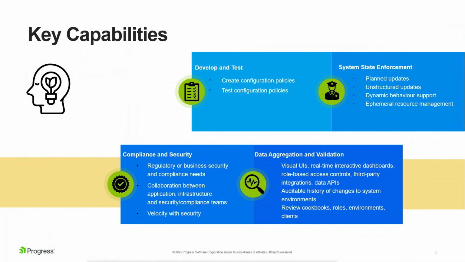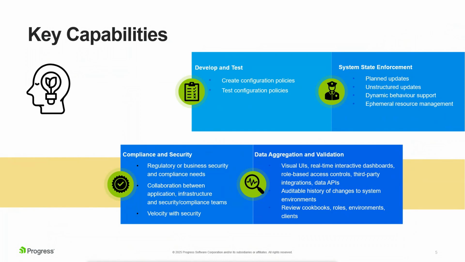And at the end, most think Chef is just code. Yes, we have a lot. Infrastructure as code is part of it, but we do have a user interface, right? And we're expanding capabilities through the user interface by getting those visuals with dashboards, reports, integration with third-party tools like Splunk, ServiceNow, as an example.